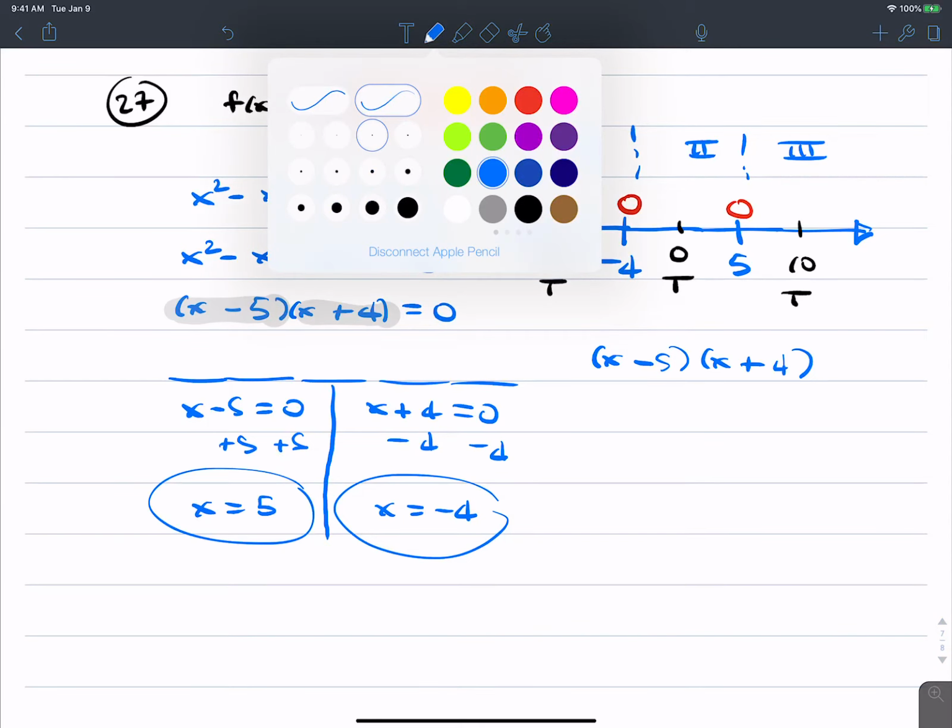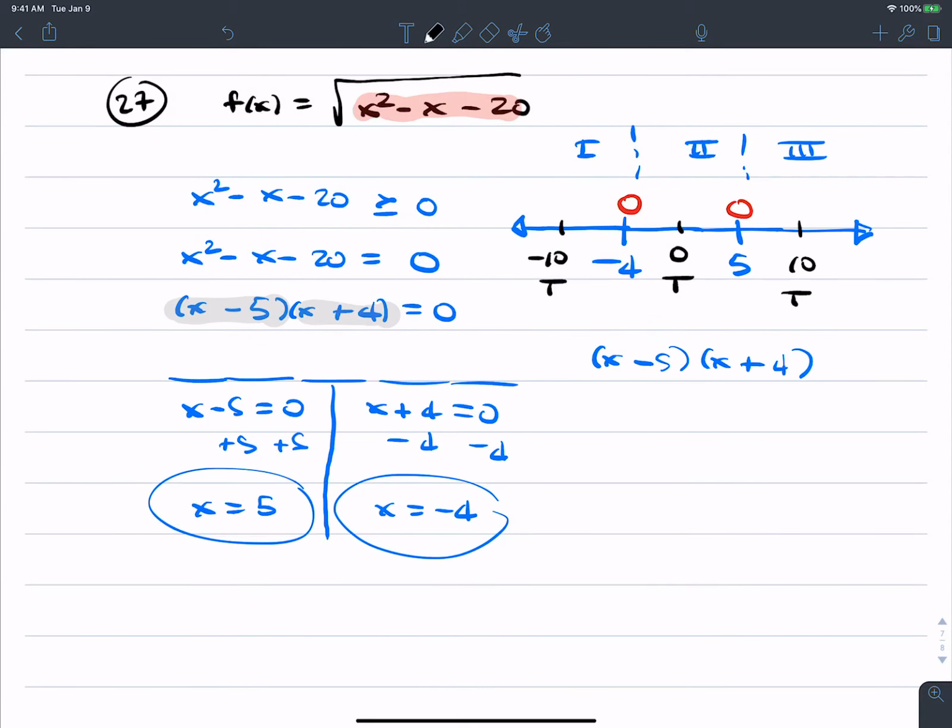So let's test -10. This is my first test point. Our arithmetic becomes -10 minus 5, which is -15, and -10 plus 4, which is -6, and a negative times a negative gives us a positive answer. So region 1 is positive.